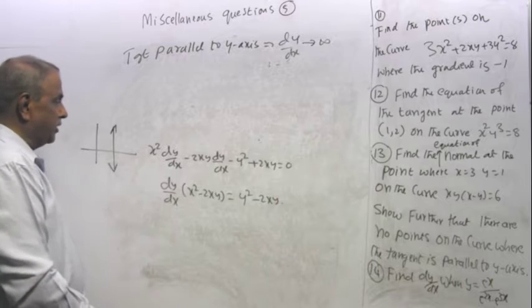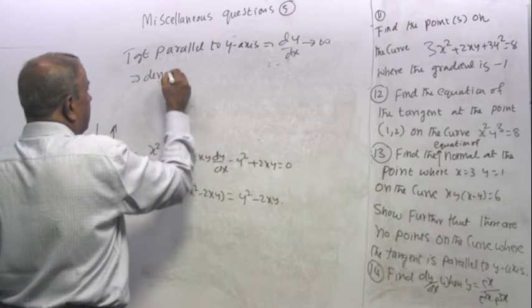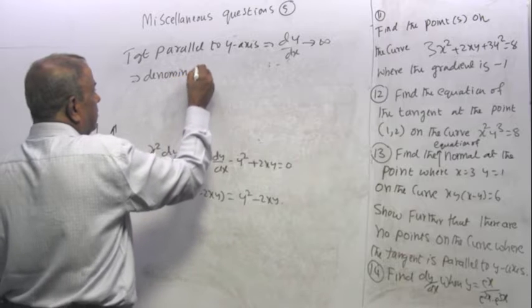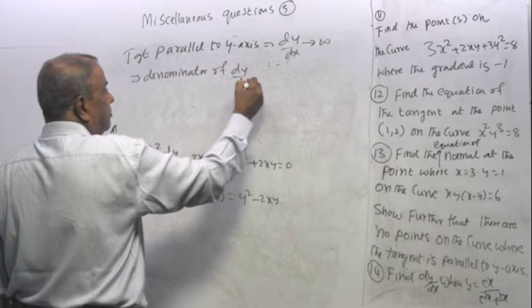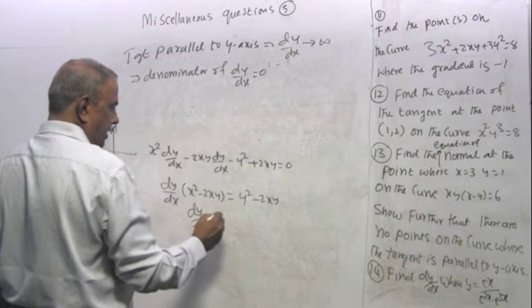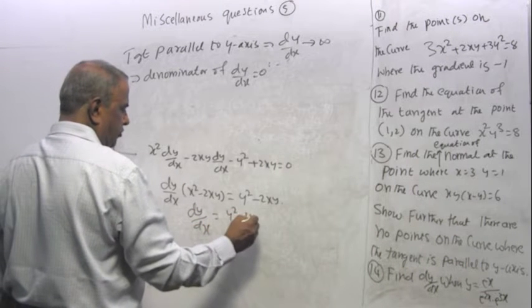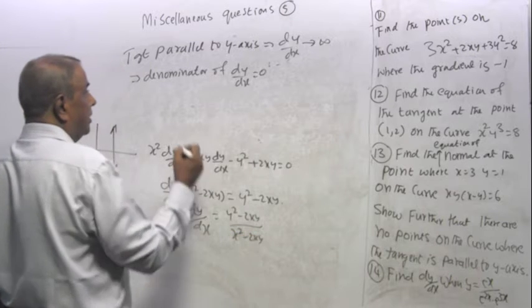When does something tend to infinity? Which means the denominator of dy by dx must be 0. What's dy by dx? It is y squared minus 2xy over x squared minus 2xy.